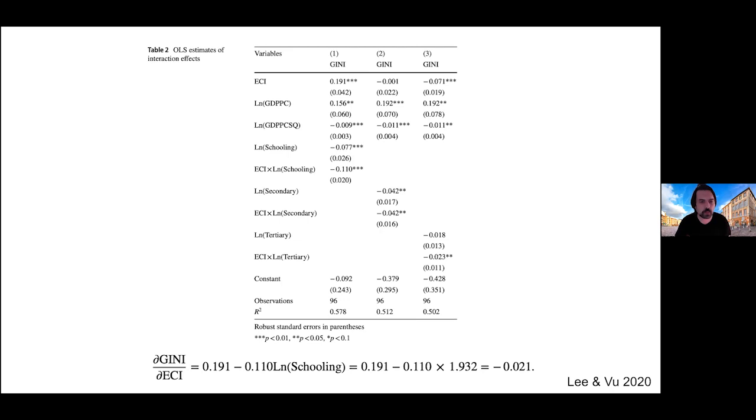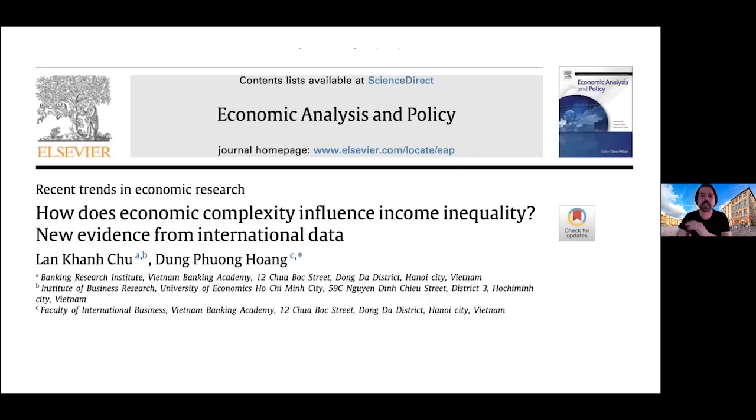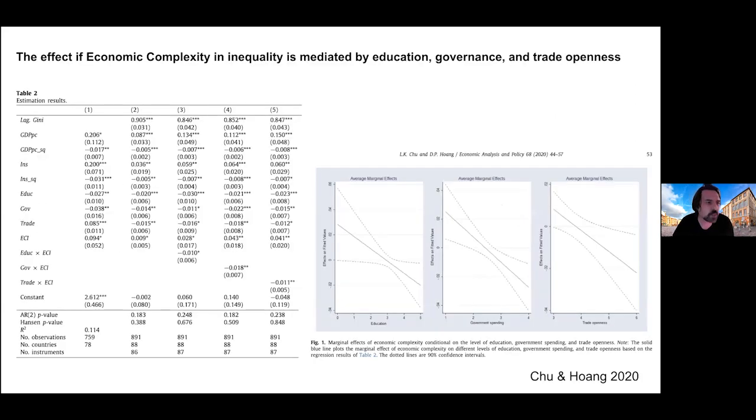This was also explored by Chu and Huang. This paper actually came out like 6 weeks ago or something. It's very new, and they explored this relationship. Similarly, they also use interaction terms, and what they find is that the effects of economic complexity on inequality depend on mediating factors like education, government, and trade openness, which are the ones that they use.